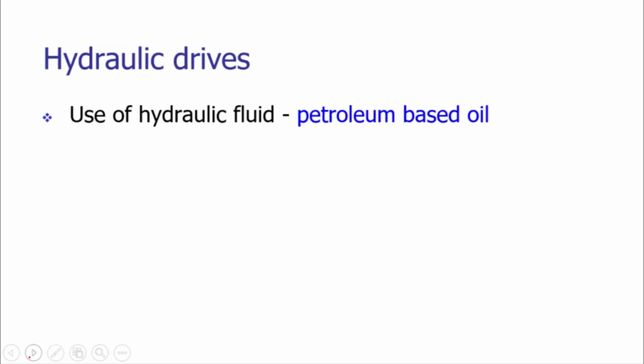The hydraulic drives are using hydraulic fluid. So in general, petroleum based oil is used at pressure more than the atmospheric pressure. This pressurized hydraulic fluid will be applied inside a cylinder which is having the piston as well. So when we apply the hydraulic fluid inside this cylinder, the piston will get actuated.